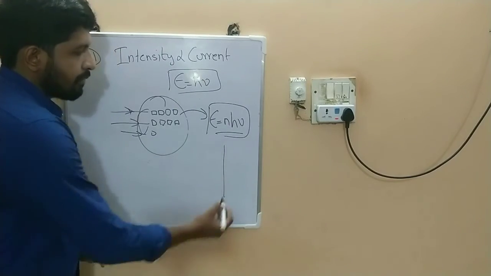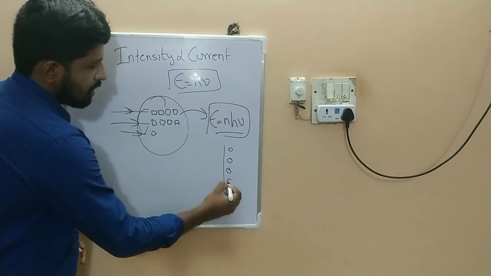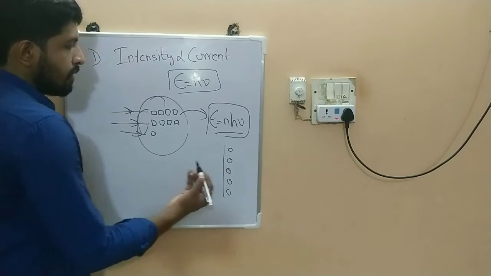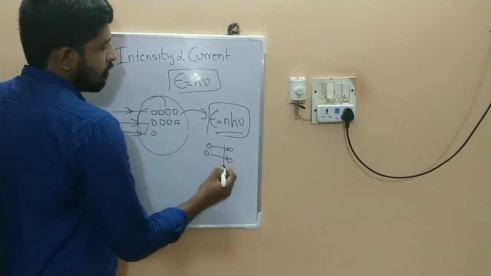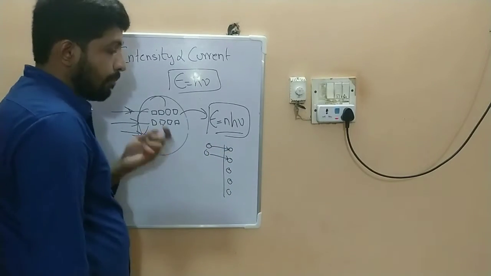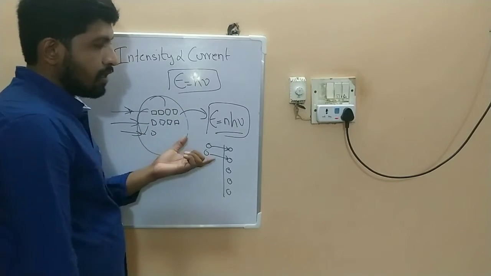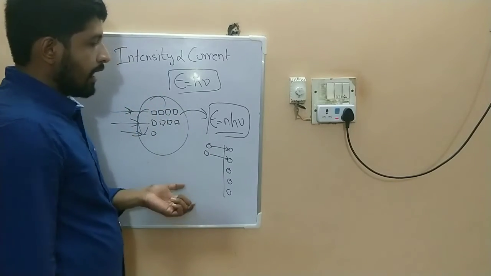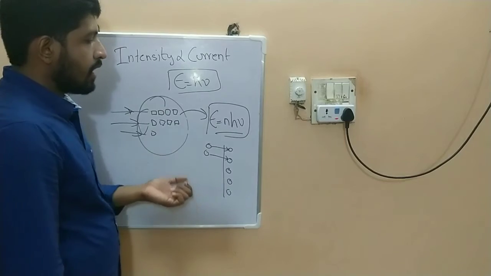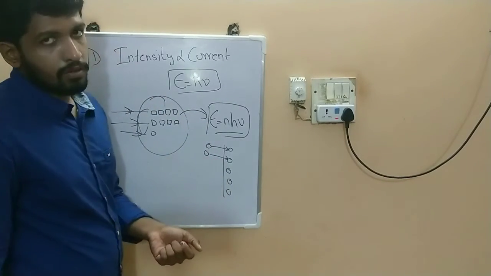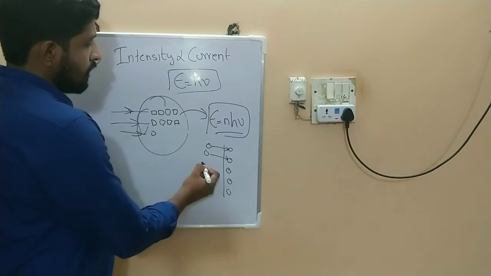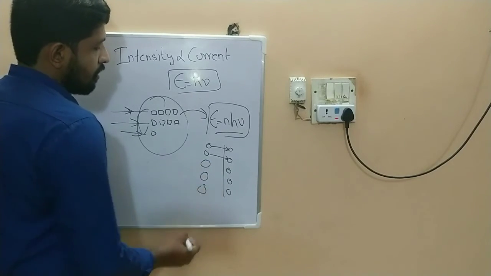If there is a metal surface with lots of electrons, and in the incoming beam of light there are only 2 photons, then it can only eject 2 electrons at maximum, if the collision is proper and the conditions are correct. What happens if there are lots of photons?